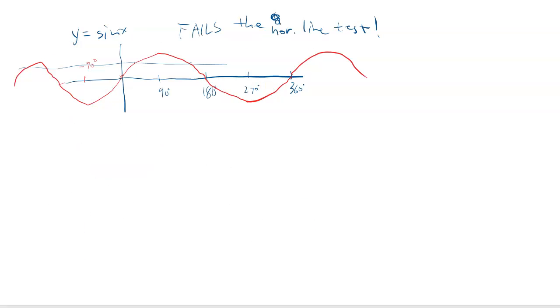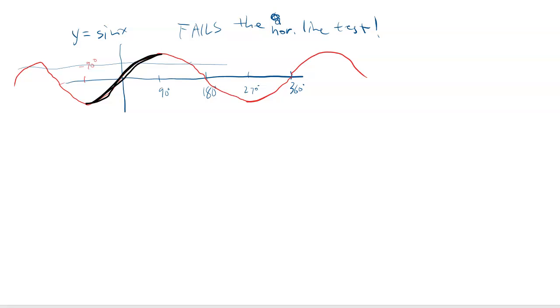So what do we do? We want to take a restriction of the sine function, so that you end up with a part of the function that passes the horizontal line test. The idea is the following. You take this graph and only take this portion of the graph.